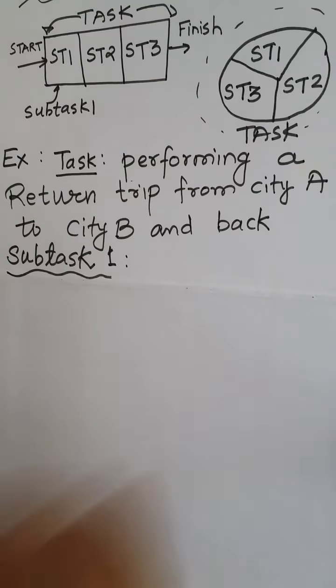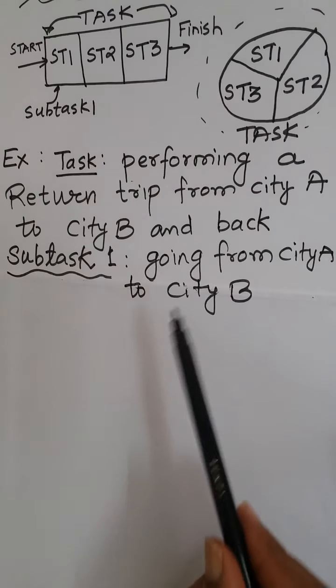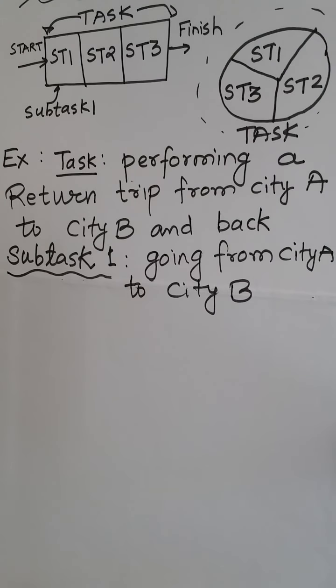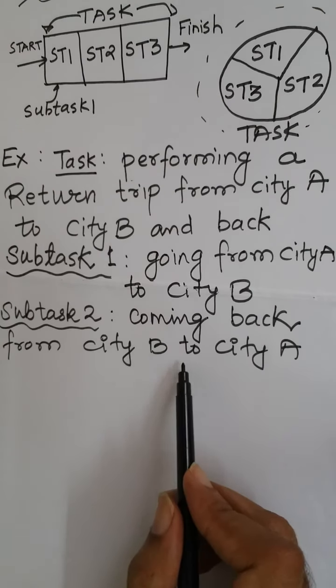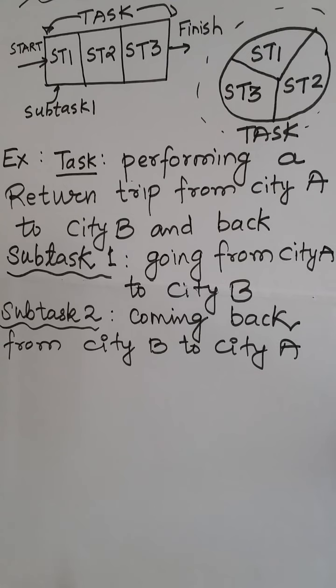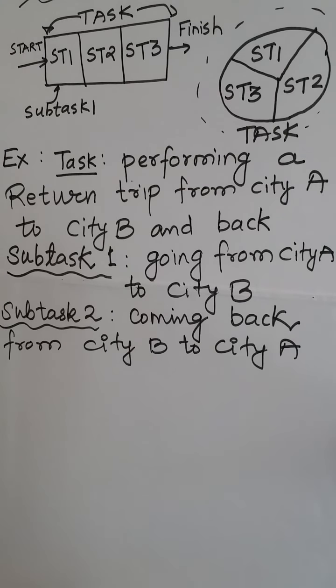So subtask 1 is this. The first subtask we can define is going from city A to city B. Now what should be the second subtask? Definitely you will say coming back from city B to city A. So two subtasks are involved here.